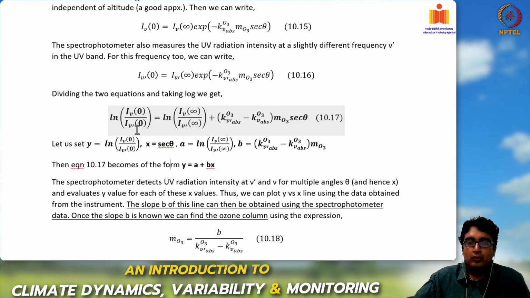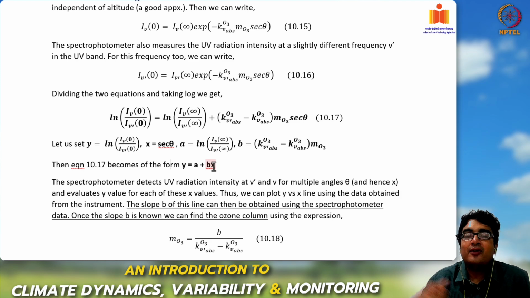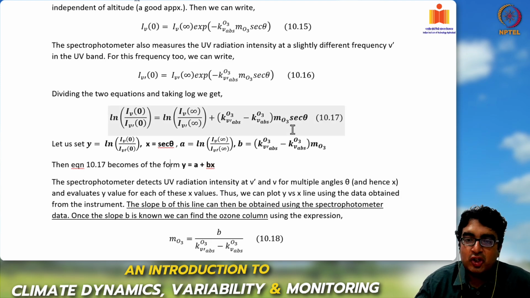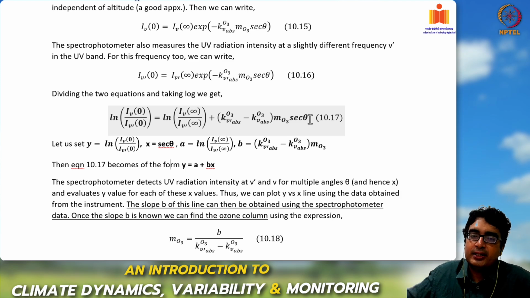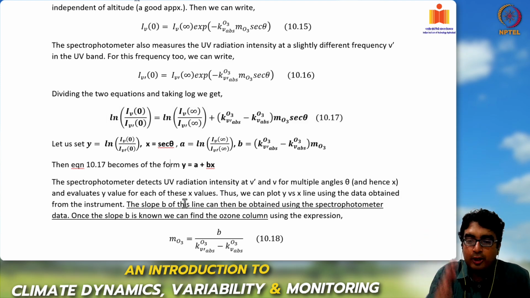And what we can do in this context is measure for multiple values of zenith angle theta. So, we can change the inclinations theta 1, theta 2, theta 3, theta 4, etc. and get y1, y2, y3, y4 and plot a linear line of y versus x, correct? So, this is just a linear plot.